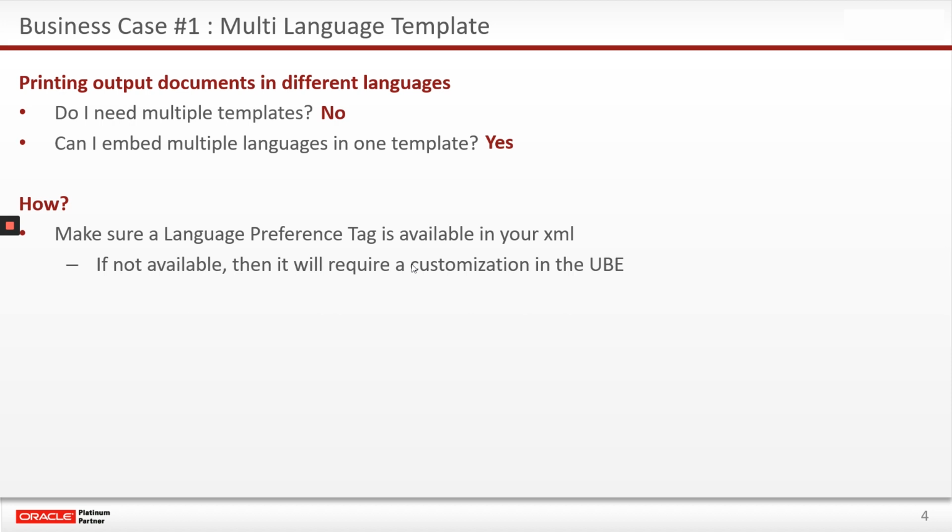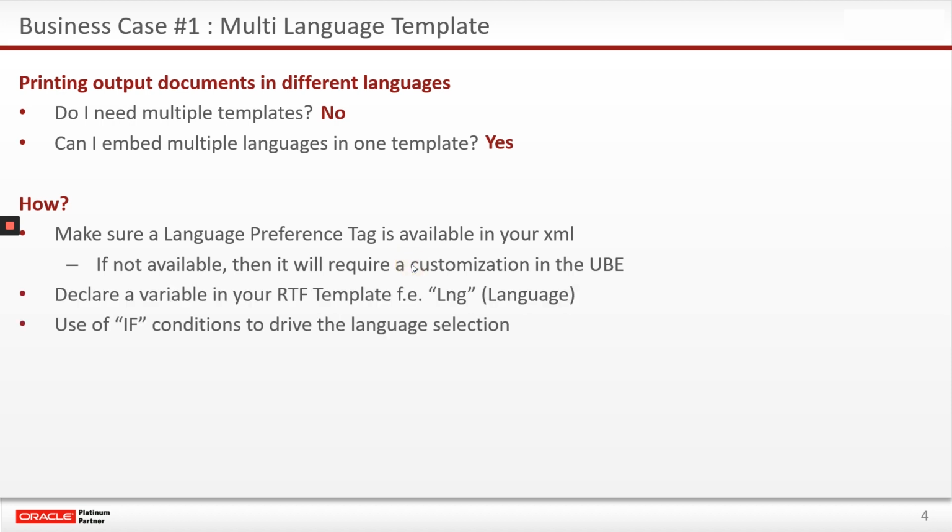If that field or tag is not available in the XML, then it will require a customization on the UBE to incorporate it, right? Then we will also have to declare a variable in the RTF templates, for example, LNG, which stands for language. And by using if conditions, we will drive the language selection.